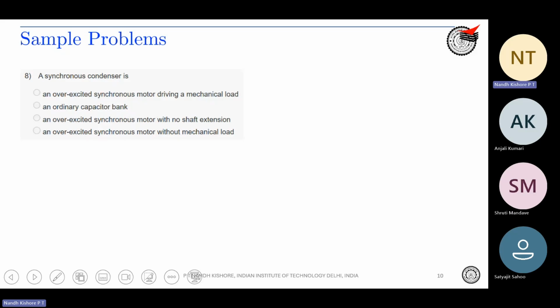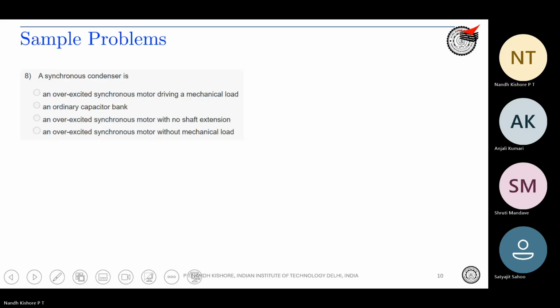So what is a synchronous condenser? Sir, without mechanical load.